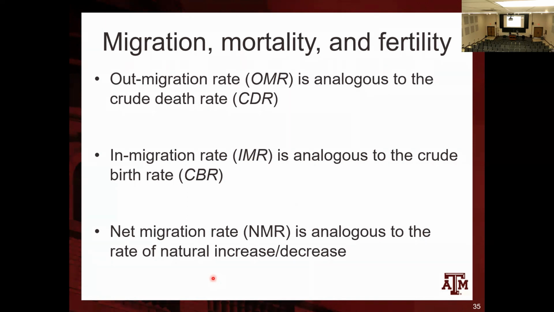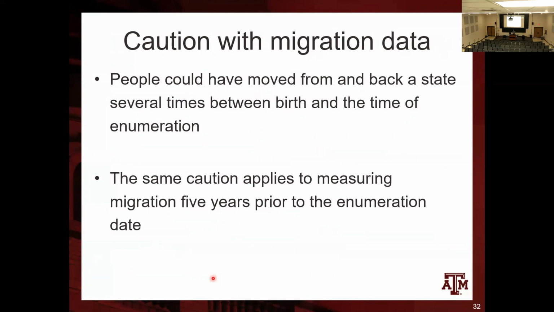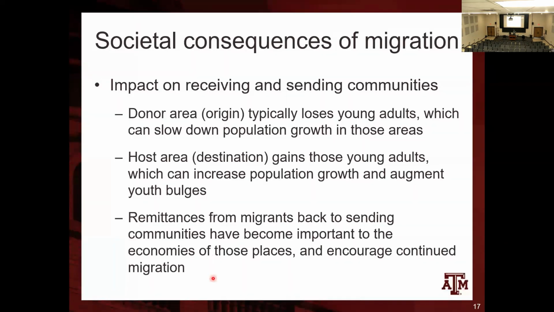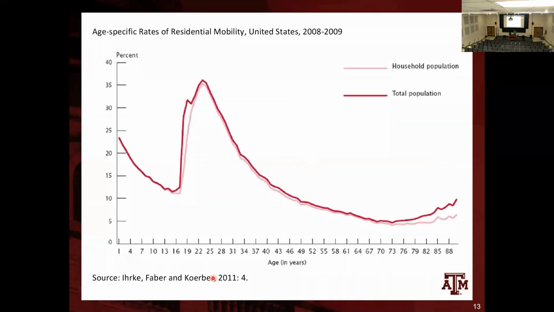But we also know that the crude death rate and the crude birth rate are really simplistic because they don't take into account the age composition of a specific population. And as I showed you here, migration is also important to estimate by age groups, because the chances of migrating vary by age.